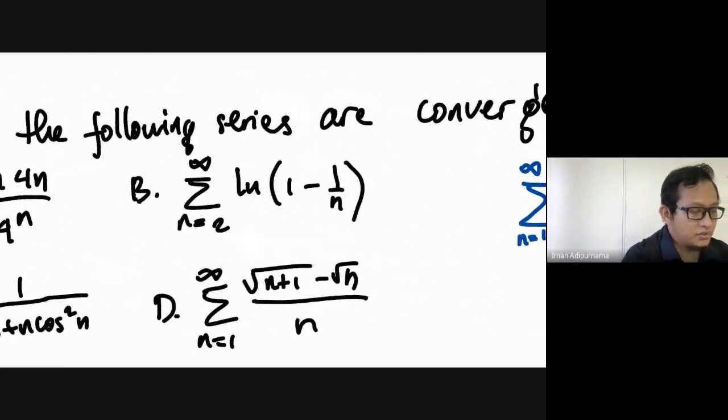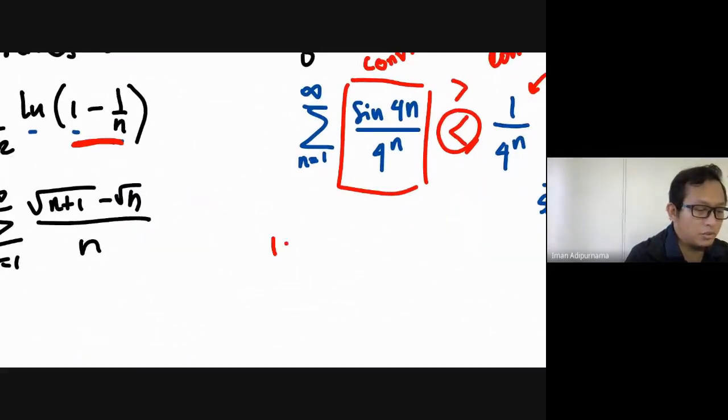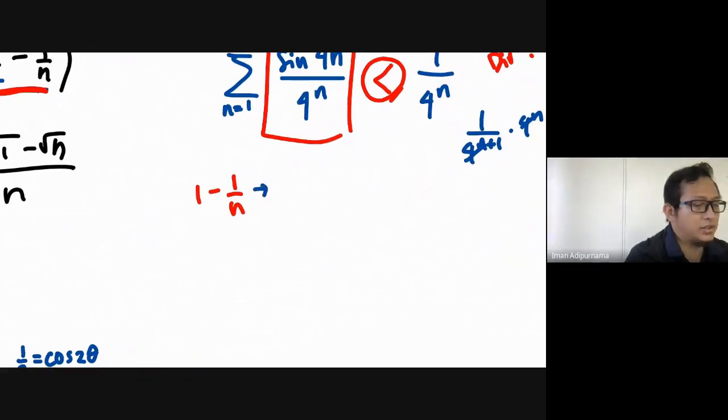Let's check B. So you have ln, and then 1 minus 1 over n. How to check? Okay. If you ever encounter this type of form or equation, 1 minus something, fractions, whenever you find 1 minus 1 over n, my suggestion is to change the form into this form.